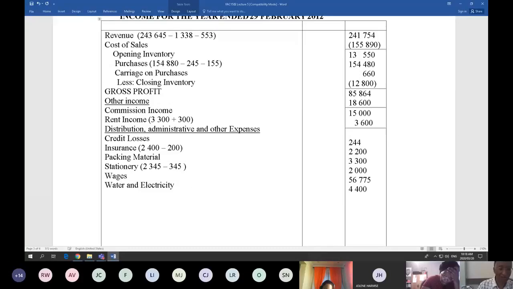My next expense is my expense for depreciation. Many students forget this particular one, okay? But you must bring into account your depreciation.